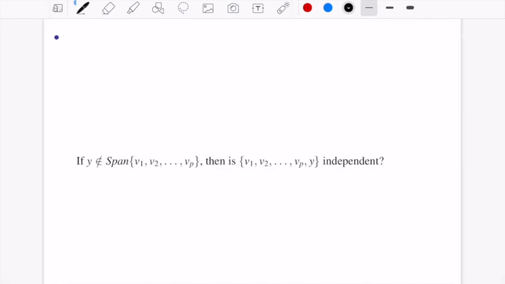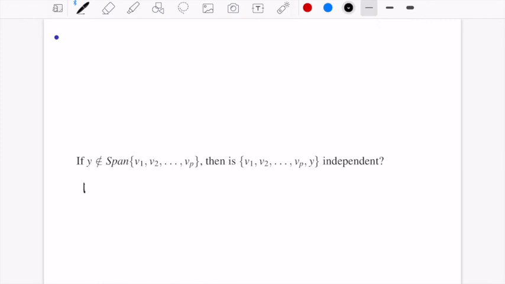All right, the next one is a little bit tricky. It's a question, not a statement. If Y is not linearly dependent on V1, V2, Vp, then can you say the set V1, V2, Vp together with Y is independent?